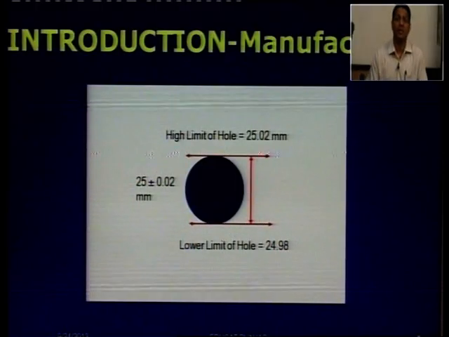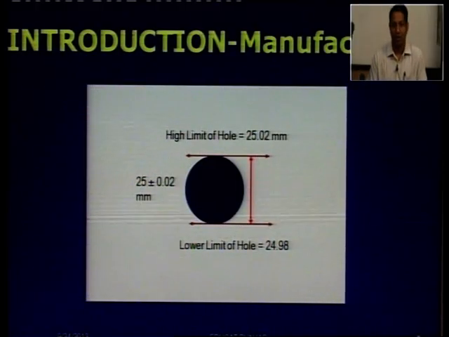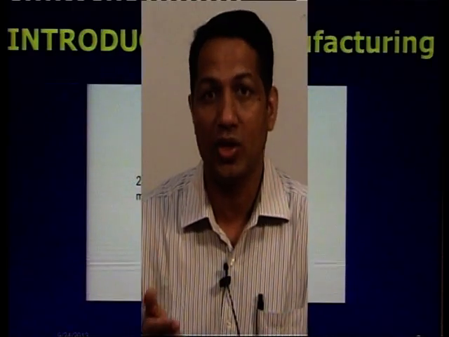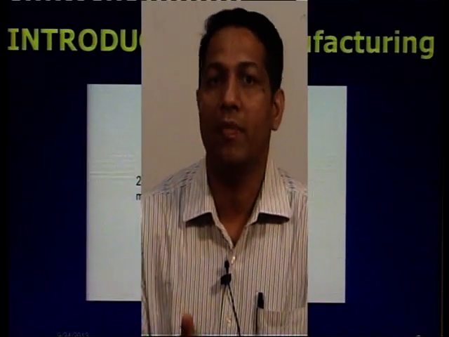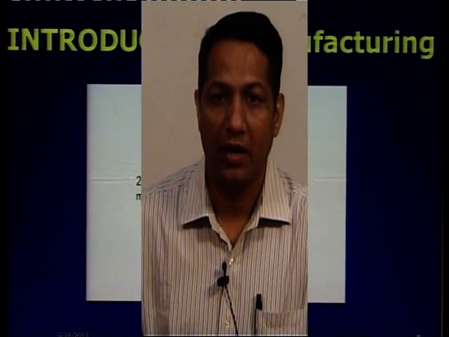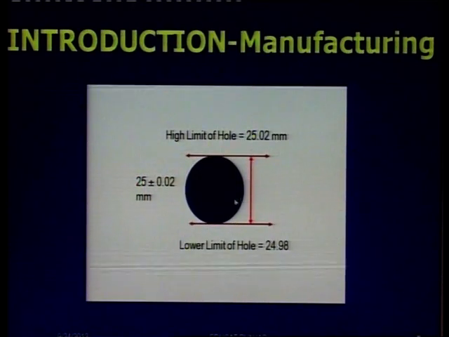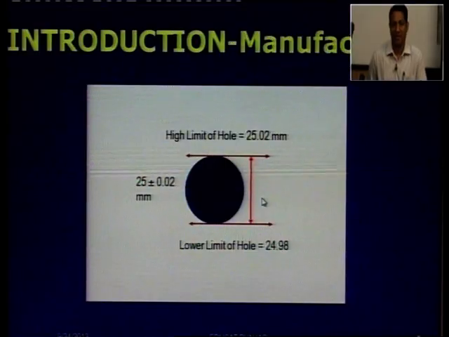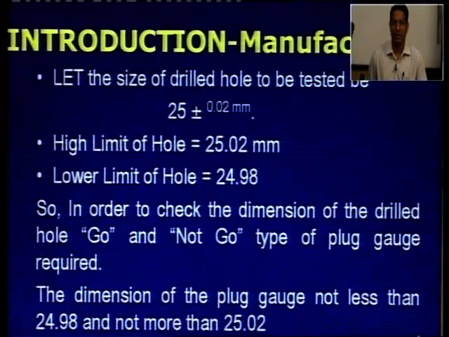Naturally to give flexibility to the manufacturer so that the manufacturer can easily manufacture the products, and the rejection rate should be as minimum as possible. Then these two limits define the range. This range is also called tolerance.